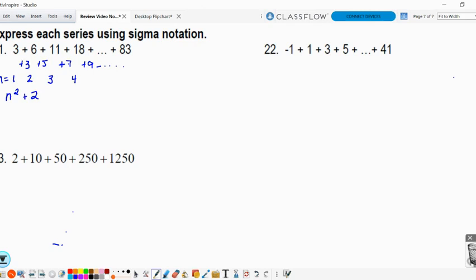So that is our rule for how to generate each term in the series. And if we keep adding and we get out here to 83, this would be the 9th term. So we need to follow that pattern through so we know how many terms we are adding. So when we go to sigma notation, we're going to start with our first term. We're going to add all the way up to the 9th. And our rule for generating each term is n squared plus 2.